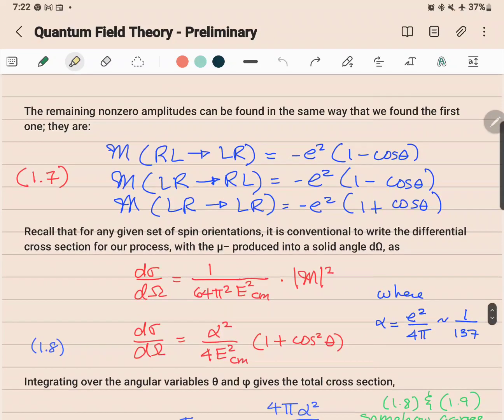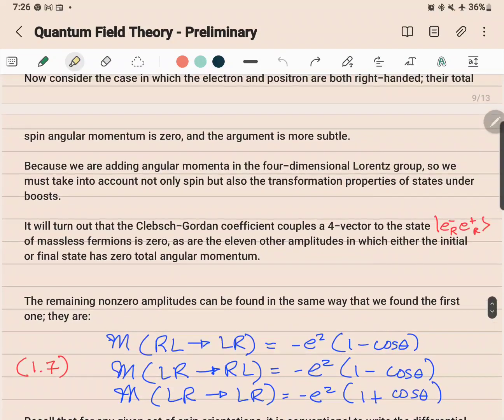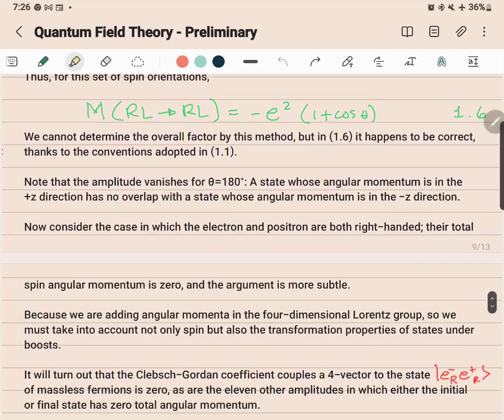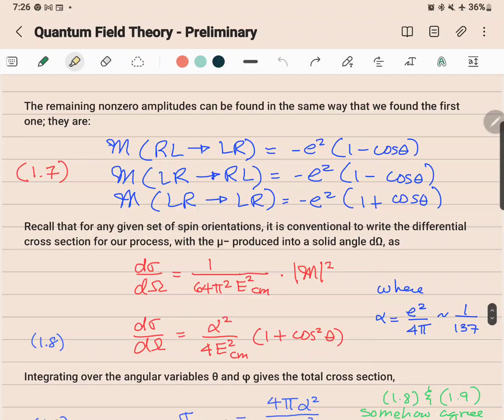So all in all, what happens here is that you will get the square of this amplitude, and also the square of this, the square of this, the square of this. You add all of them, and then you will get something like 4e to the 4 times 1 plus cosine squared theta.